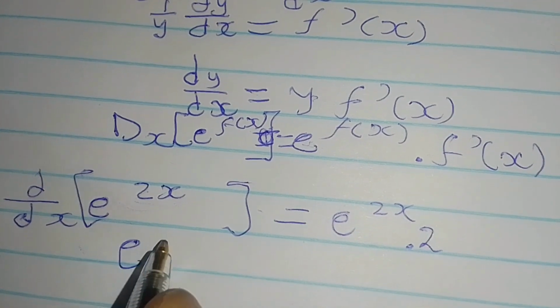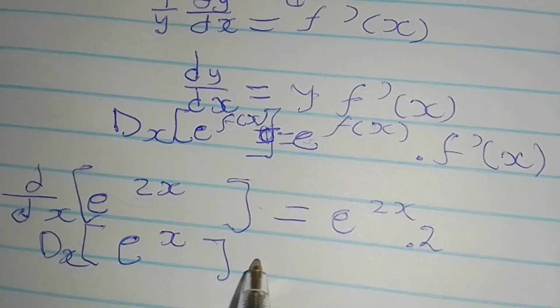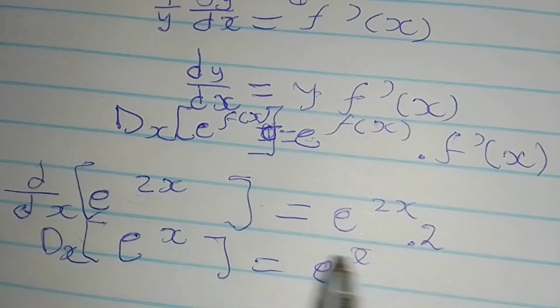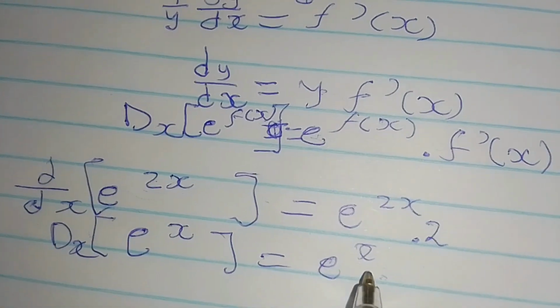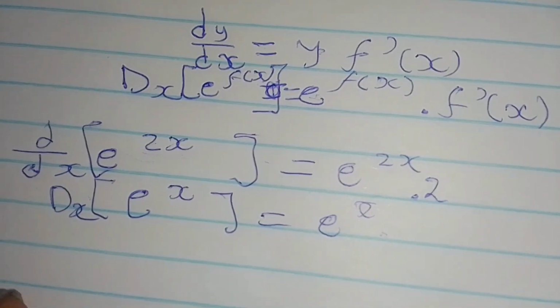If I have e to the power of x, I'm finding d/dx of that, then that's e to the power of x, the derivative of x is 1, so we multiply by 1, which is the same as e to the power of x. Any number times 1 is that number.